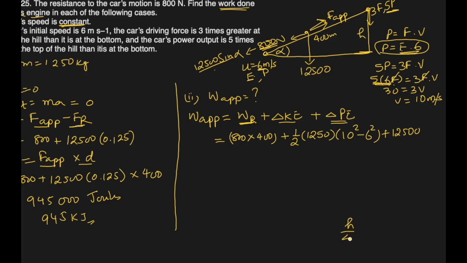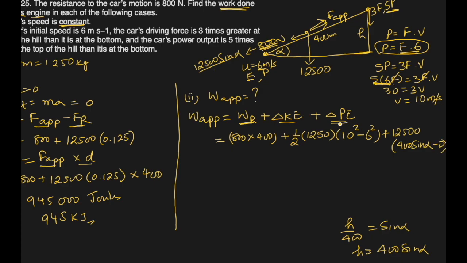H divided by 400, which is this 400, will be sine alpha, isn't it? So H becomes 400 sine alpha, right? Sine alpha is also given to us, so we'll just write here. So H, final height is 400 sine alpha, and the height earlier was 0, it was at the bottom, minus 0.